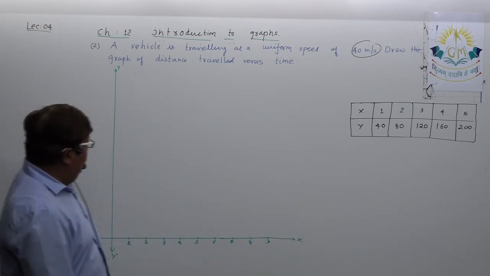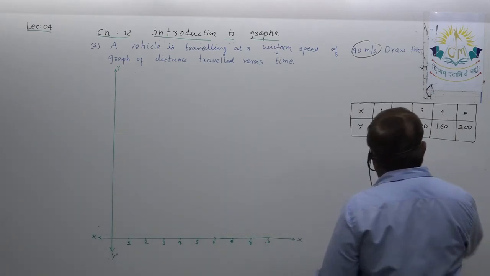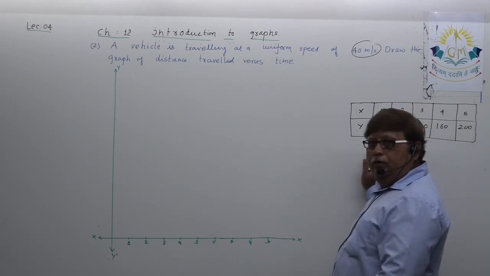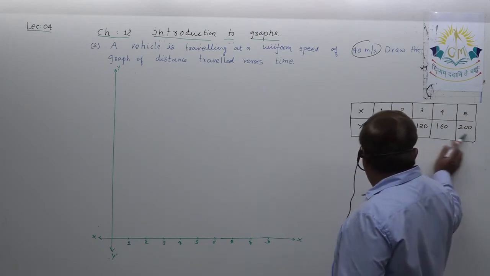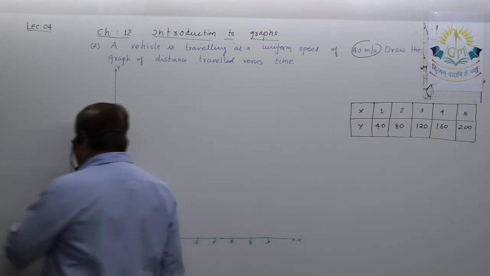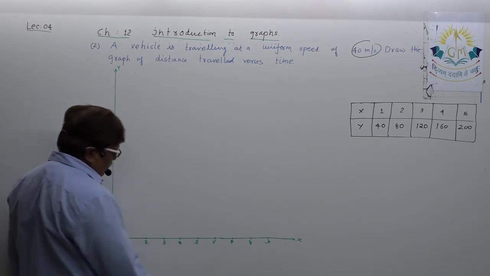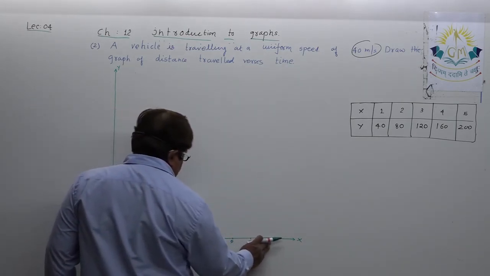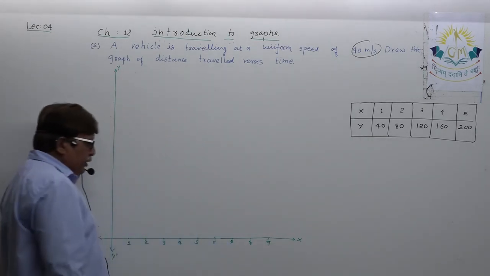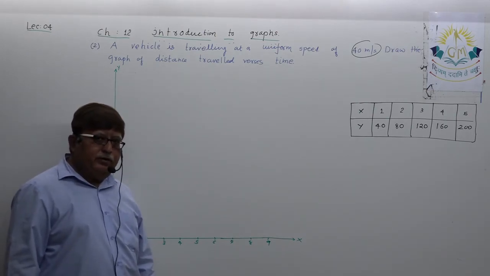Now, dear student, be very conscious. As far as y-axis is concerned, you just verify maximum value is 200. As you know, we have taken in the previous example the scale of 1 centimeter equal to 10. Now I am going to take a little bigger scale.